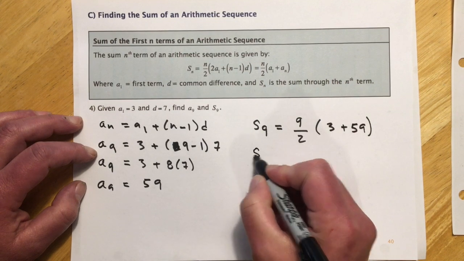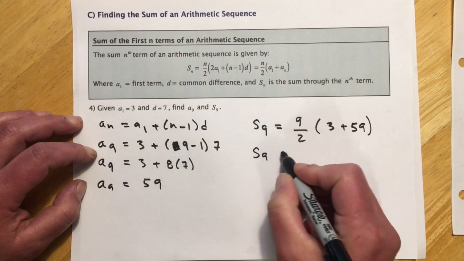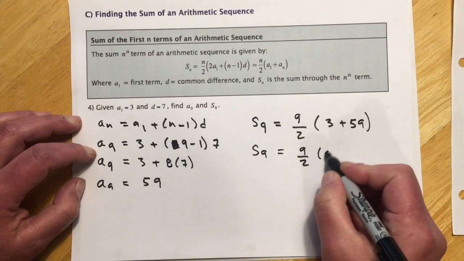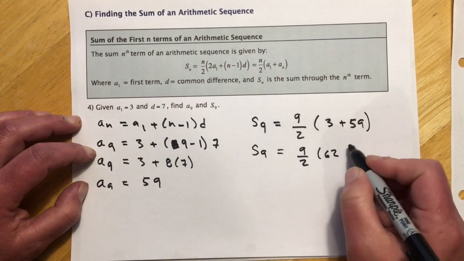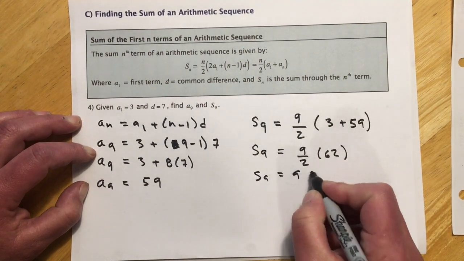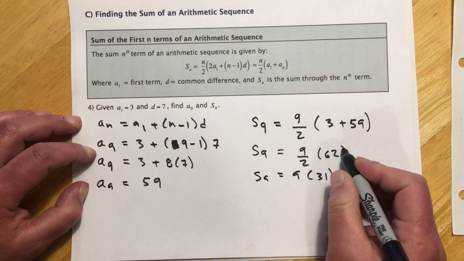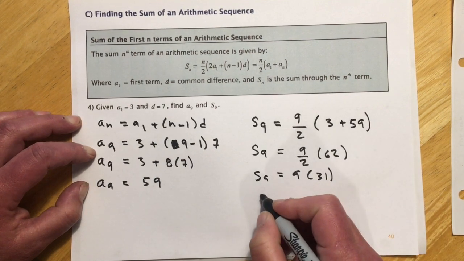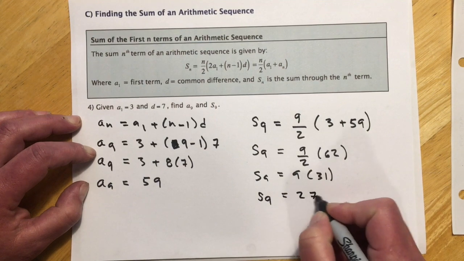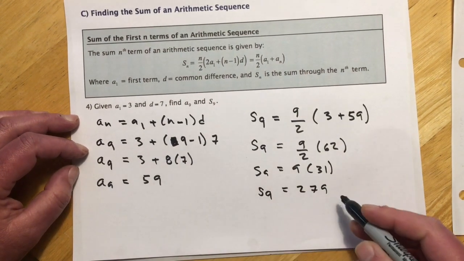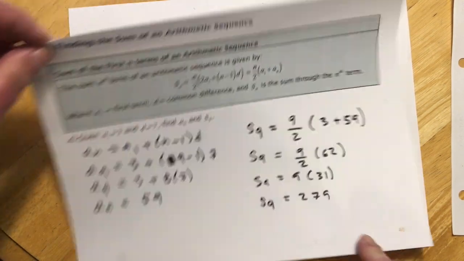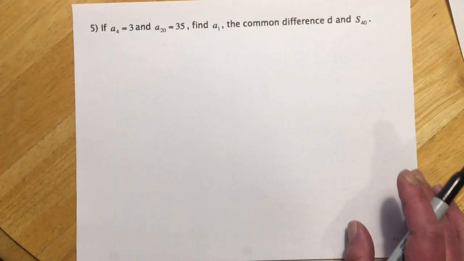So the sum through the first 9 terms would be 9 halves of 62, and reducing a little bit, canceling the 2, the sum would be 9 times 31, which is 279. So if I wrote out the first 9 terms and added them all together, it would come out to 279.